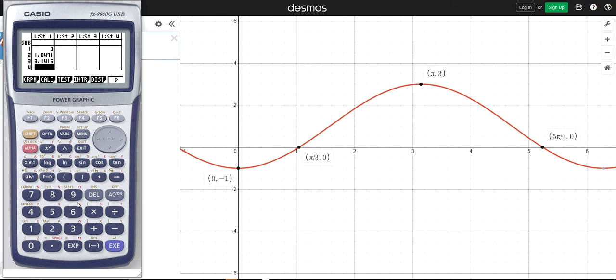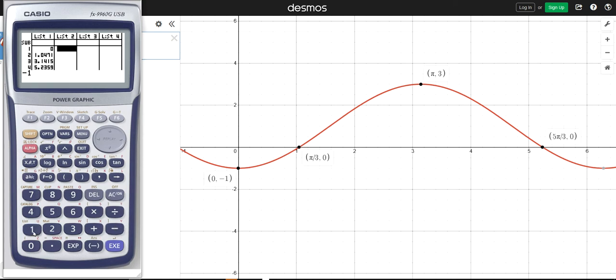And the fourth one is 5 pi over 3. Execute that.